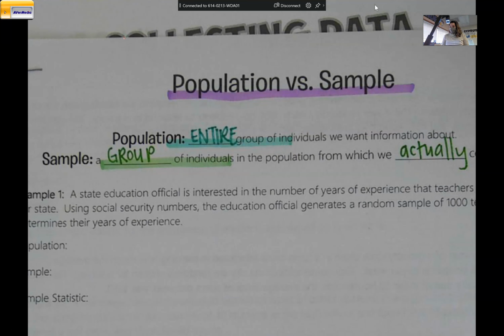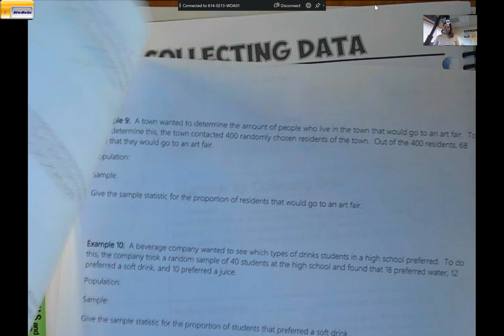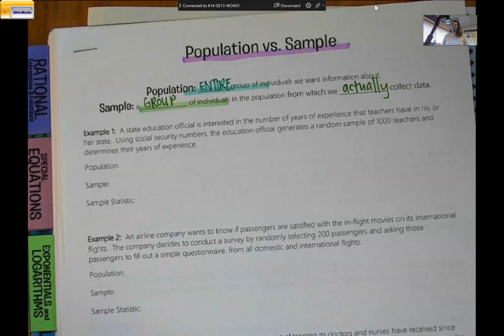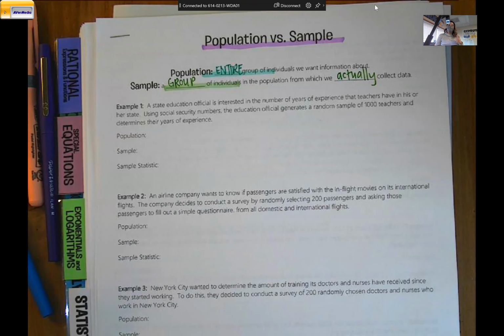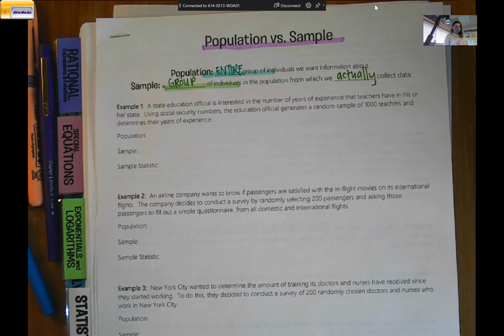So the whole point of basically this entire extra little packet that I brought you is so that we can clearly identify the population and the sample, because half of your quiz questions are having you do that.